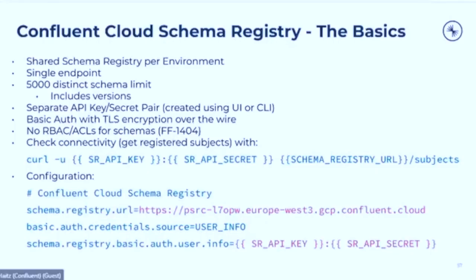The next slide highlights how to connect and some of the, let's say, features that you might expect but are not yet available in schema registry. The schema registry has a single endpoint, which is a public endpoint. So if you have, and I mentioned this before, private networking requirements for schema registry, i.e. no routing of the requests via the internet, then you cannot rely at the moment on managed schema registry.